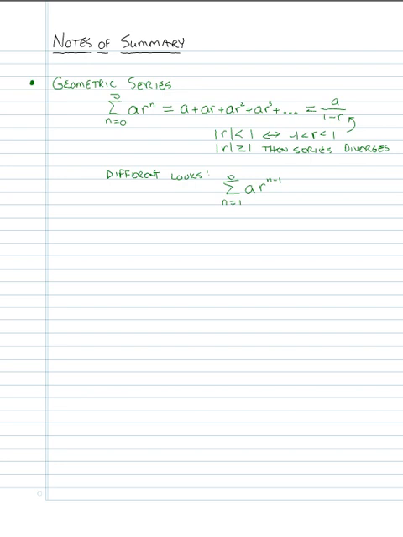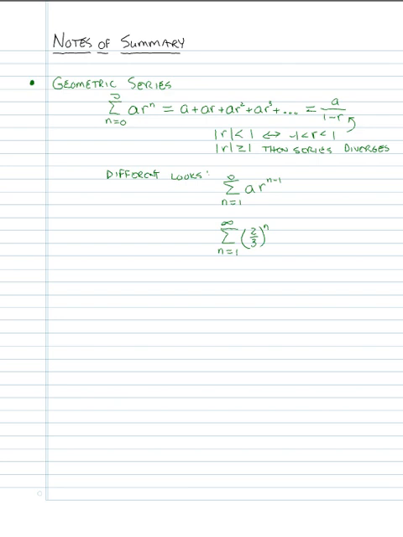Now, another different look is sometimes we don't see the separation between the constant a and the common ratio r. So here's an example of a geometric series where we don't see that separation: the sum from n equals 1 to infinity of 2/3 to the power n.